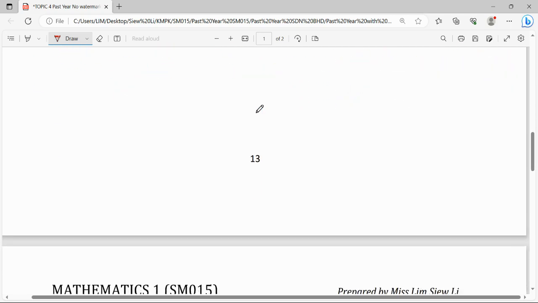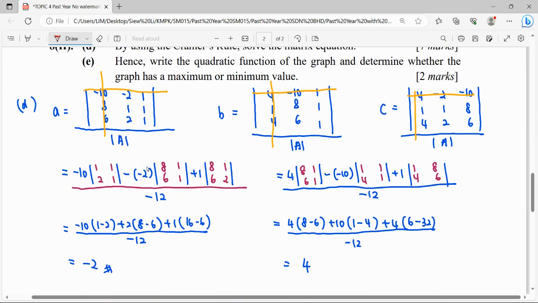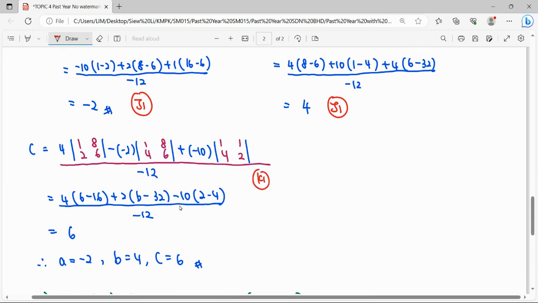Then using this, solve our matrix equation using Cramer's rule. This is the concept for finding a, answer, concept for b, answer, concept for c, and answer.